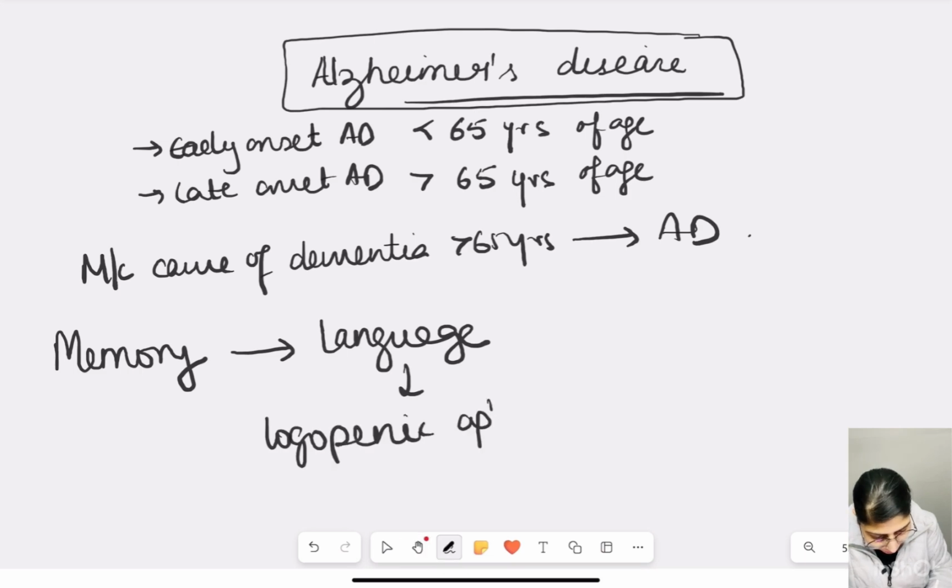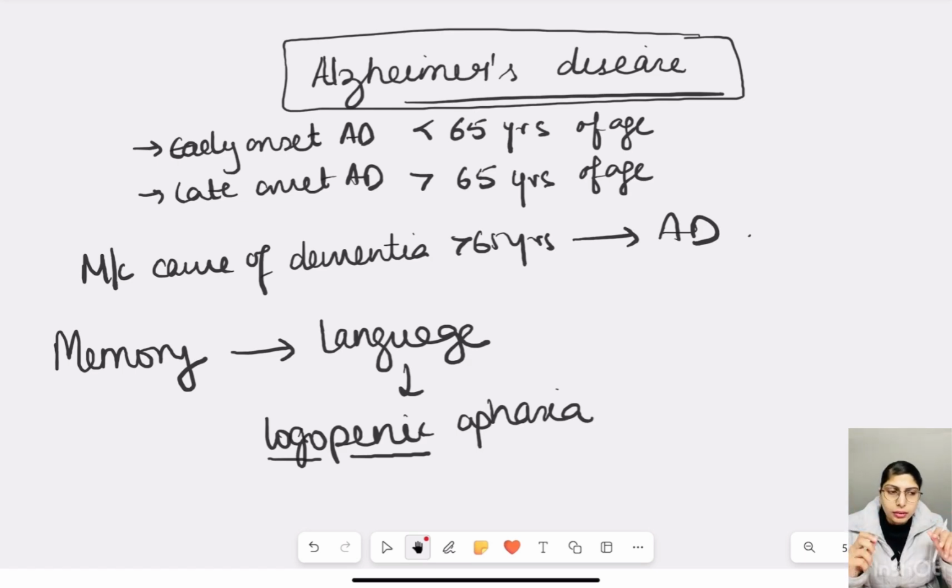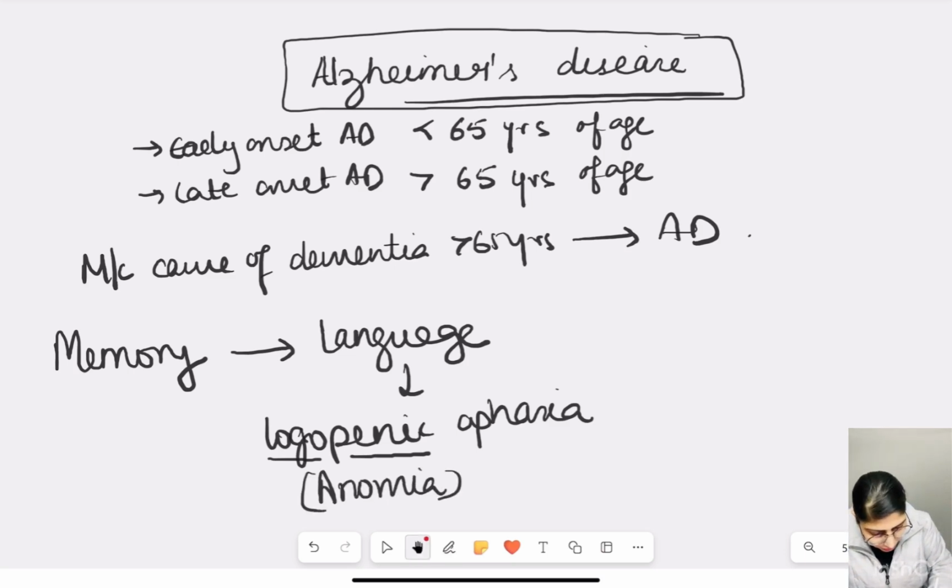In language impairment, there is logopenic aphasia. Now, as the name suggests, logopenic. Penia means less. So a deficiency of logo. Logo is like names, logos, like things have logos, cartoons have logos, right? So names. So a deficiency in naming, anomia, right? So it starts as logopenic aphasia. Logopenic aphasia means there is a naming difficulty.